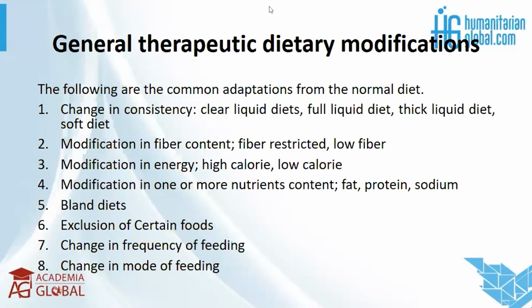Now, Jack Peter is very interested in this. He's also asking another question. What advice will you give to someone with GIT disorders? Now, Jack, I'll just remind you that we are going to cover diet therapy in GIT diseases.